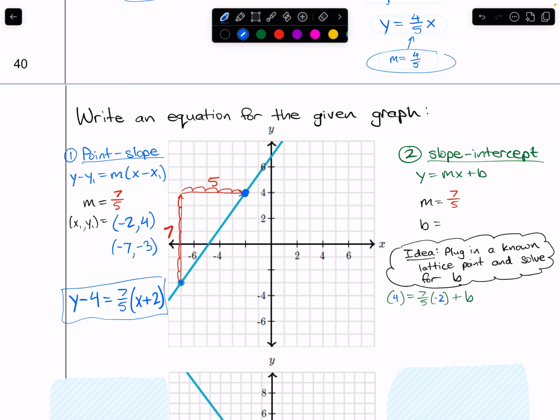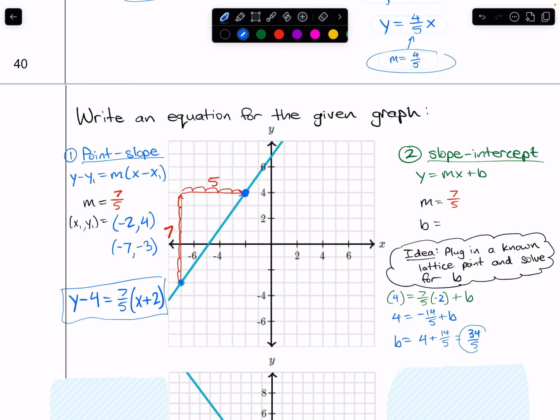So we'll end up with 4 equals 7/5 times -2, which is -14/5. So if we add 14/5 to both sides, we'll get b is 4 plus 14/5, which is, well, 4 is 20/5, so that would be 34/5.